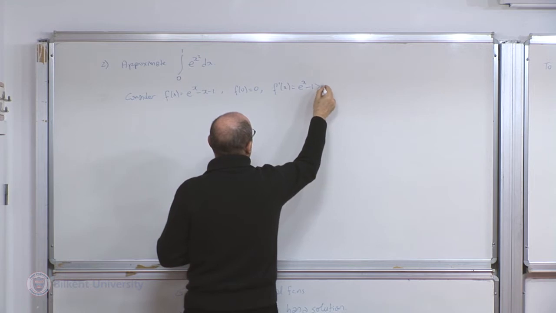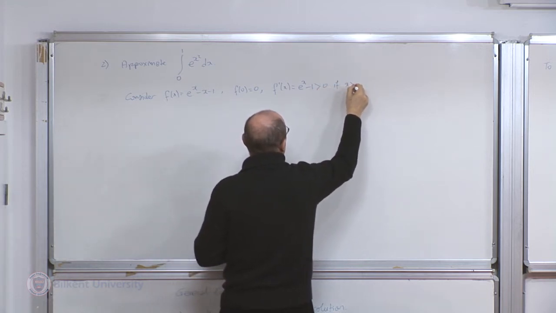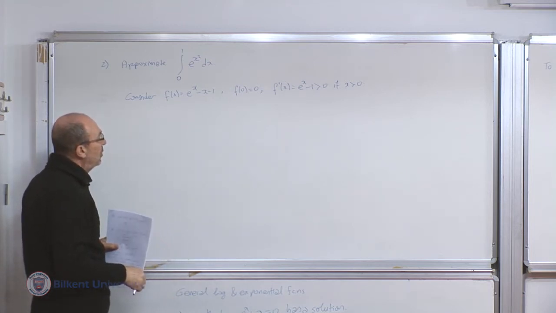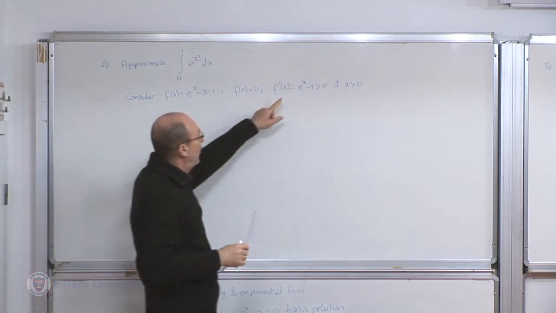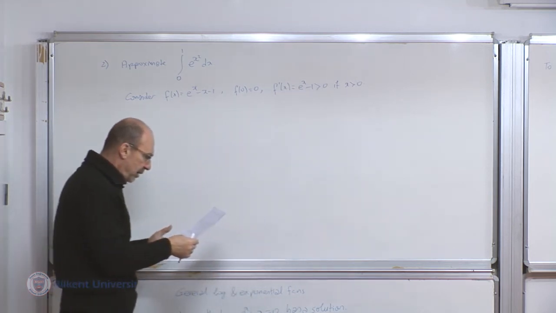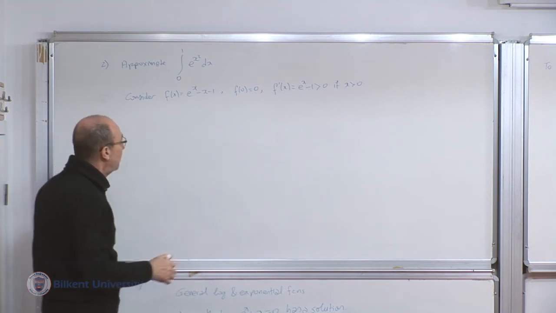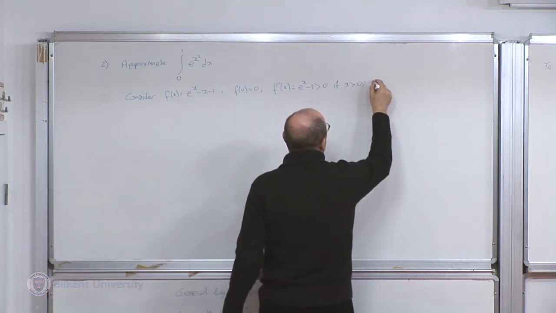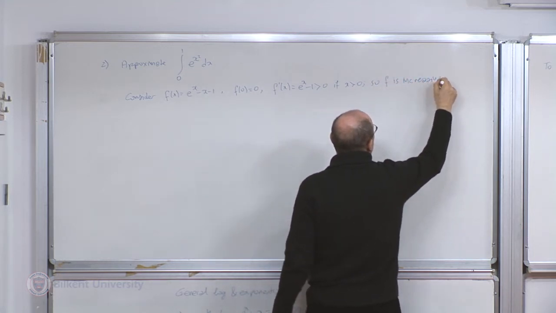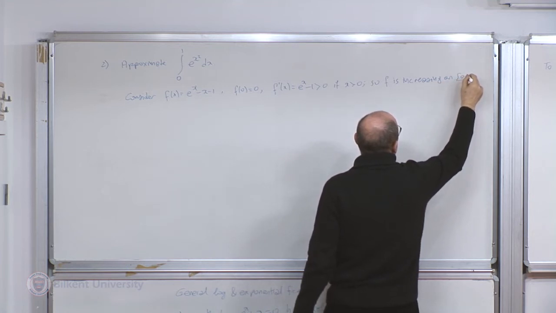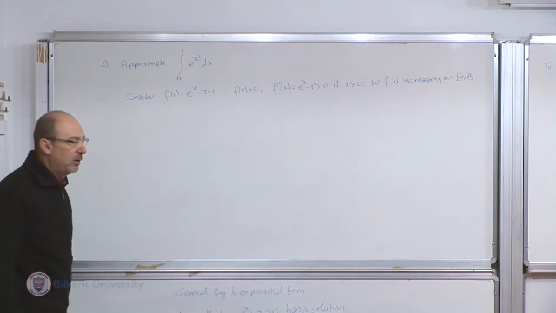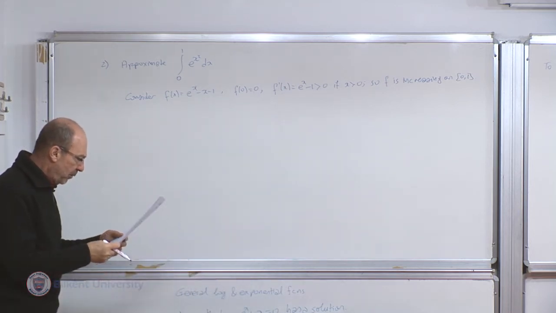So this is always positive if x is positive, since e to the 0 is 1, and after that this is large, so this is always positive. So what does this say? This says that the function is increasing. So f is increasing on 0, 1. Well, we are interested in 0, 1. It is increasing up to infinity, but we are interested in 0, 1.